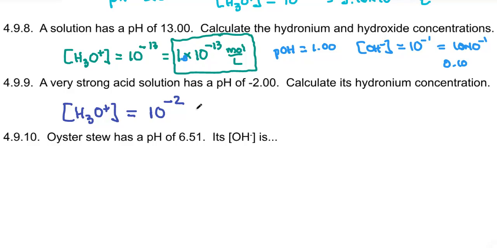Why is that wrong? There should be 2 negative signs is the problem. The formula says do 10 to the minus and then put the pH. The pH is -2. And then those negatives cancel and you get 10 to the normal 2, which is actually 100.